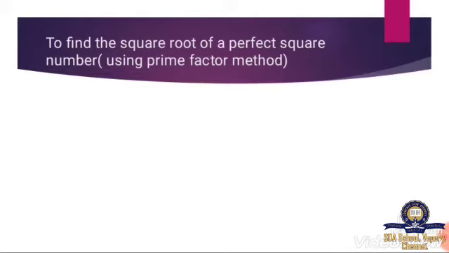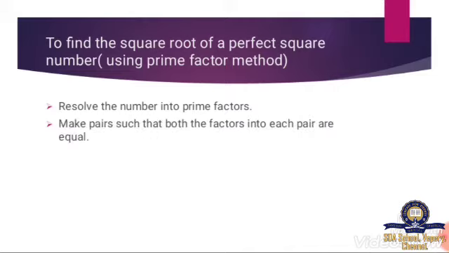So from these examples we can list out how to find the square root of a perfect square number using prime factors. The first step is to resolve the number into prime factors. The second is to make pairs such that both the factors in each pair are equal.